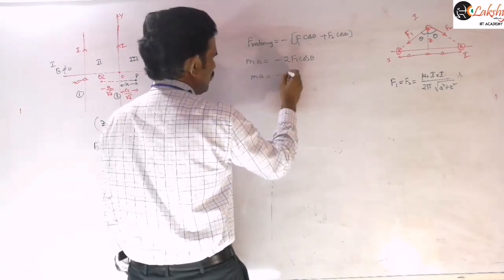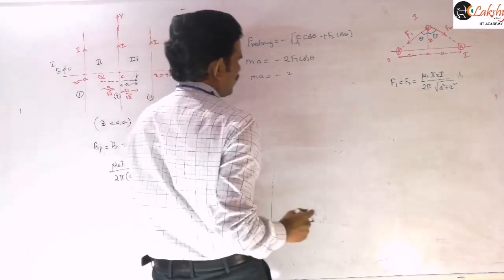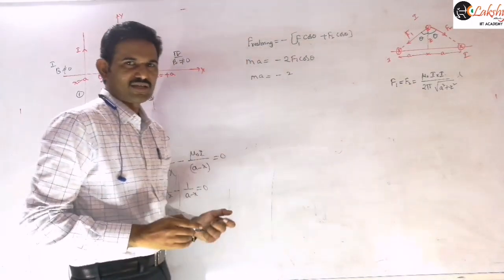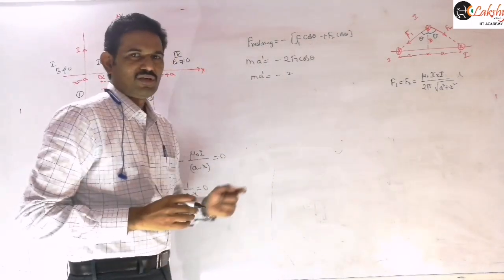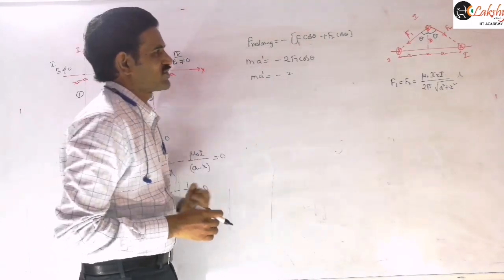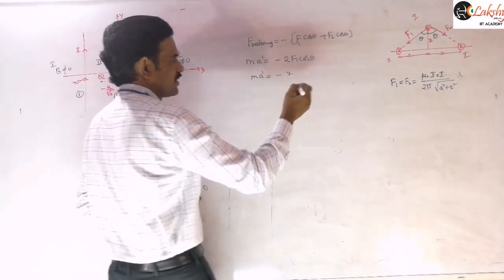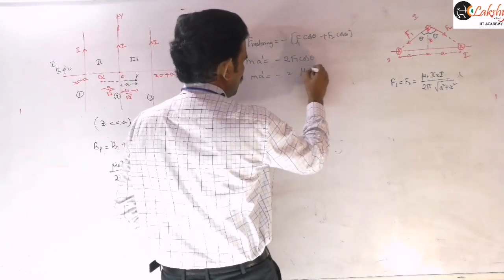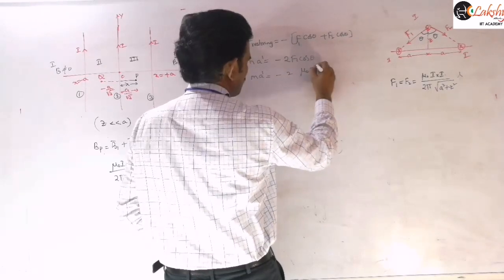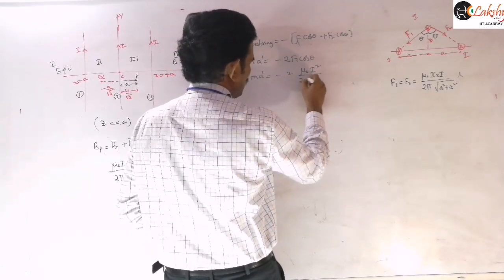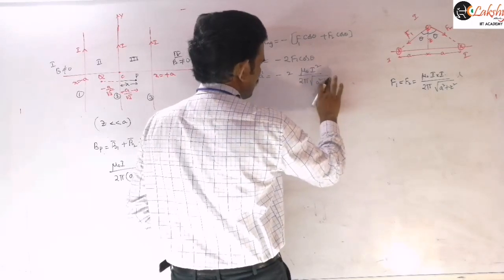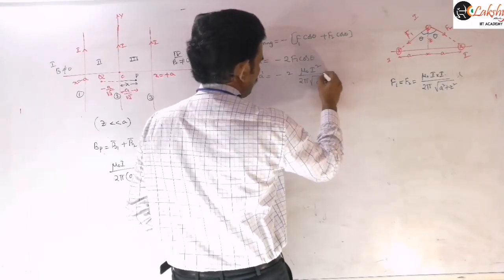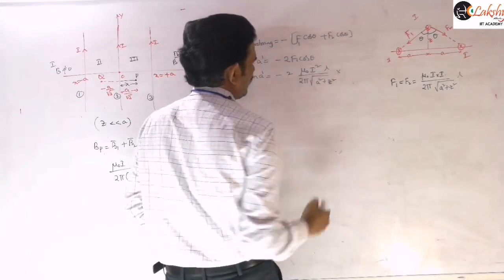MA is equal to minus, and already A is there, A we are taking as distance, so I am taking this acceleration as A dash, A prime, so that there won't be any confusion between the distance and this acceleration. Now this value will be mu naught I1 I2, that means I square, by 2 pi into under root of A square plus Z square, into L into cos theta.